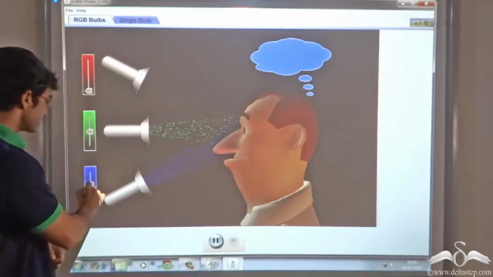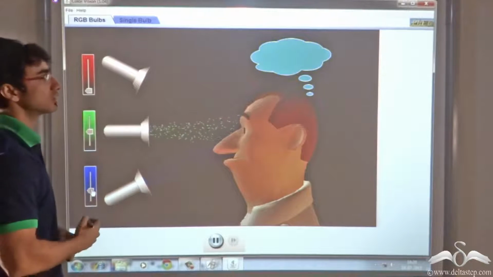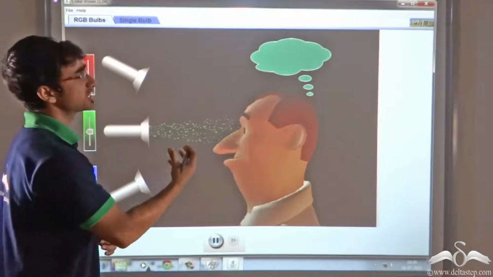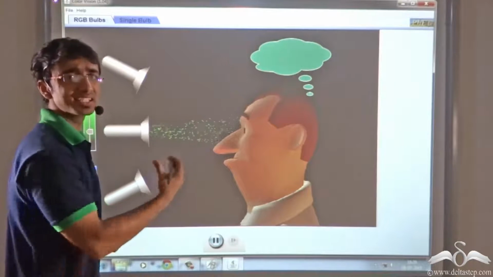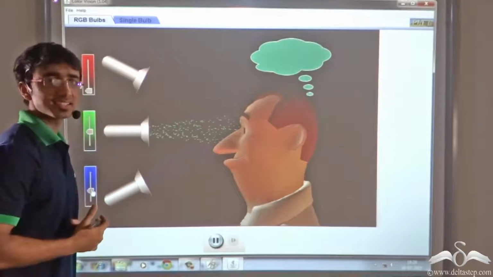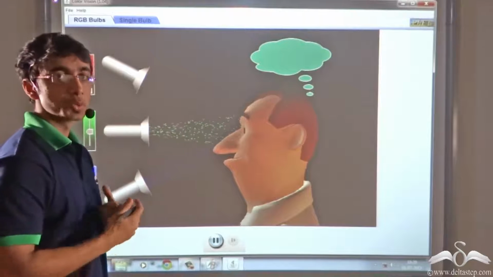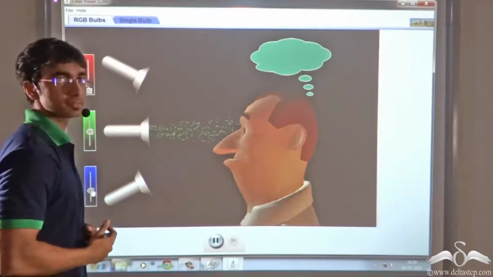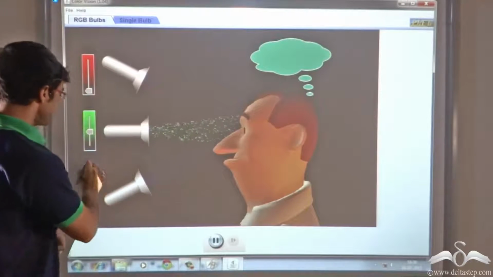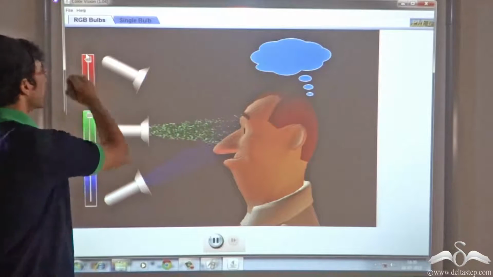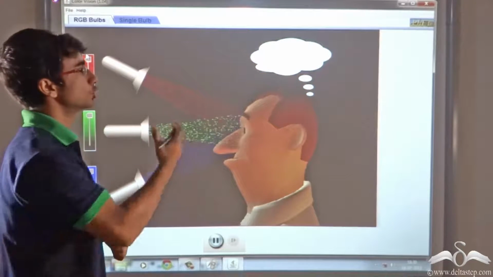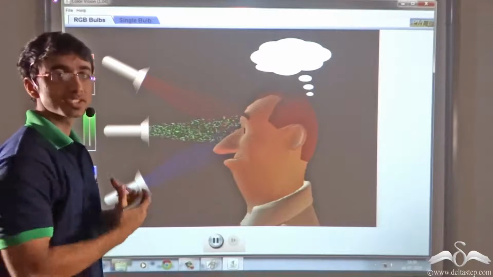If I decrease the intensity of the blue torch, you will notice that the color shifts more towards green and sea green. So this tells us that if we mix the colors in different proportions, we are getting different colors. Also, if all three torches are active at the same time, you will find that the person perceives white.